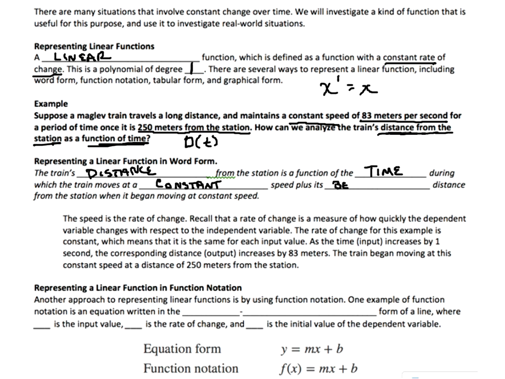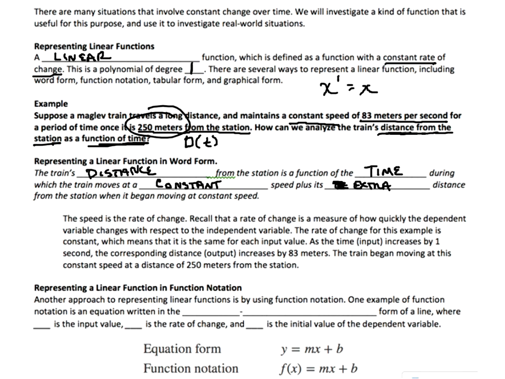It's not really the beginning distance, it's 250 meters from the station. I can't remember what word goes in there. Plus its, I'll say extra distance from the station when it began moving at constant speed. See, that's what happens when you type up note sheets at 3 a.m. You forget what blanks you were talking about when you put a blank there.